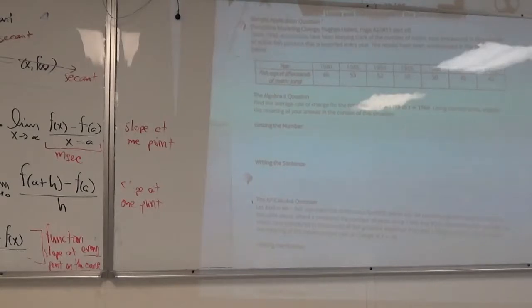My bad. It's going to be 2 over 10. Negative 1 over 5.